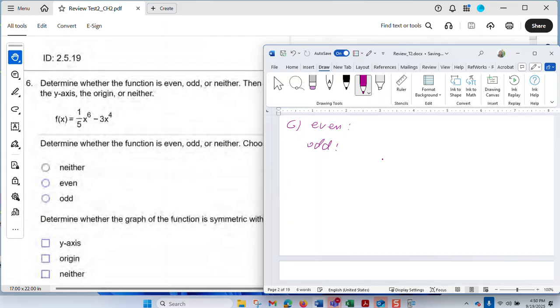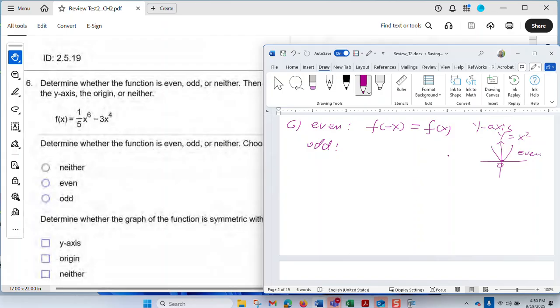In order to be an even function, f of negative x will equal f of x. That means if you replace x by negative x, it still comes out the same. And this one is symmetric with the y-axis. So for example, y equal to x squared will be an even function because it is symmetric with the y-axis, okay?